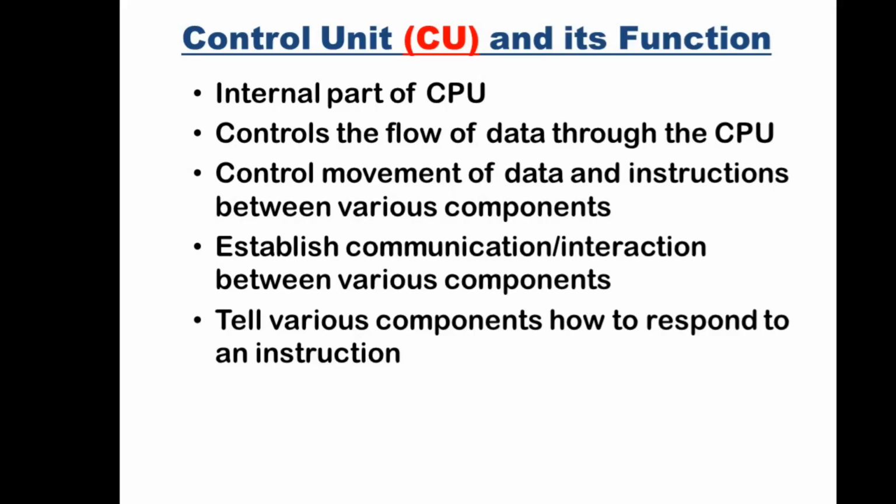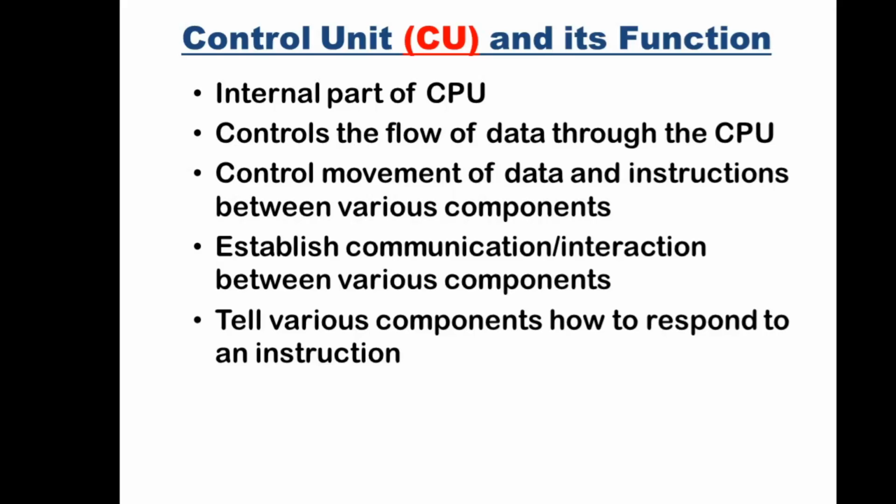All movements of the data and instructions, the commands between various components of the computer system are being controlled by the control unit. Control unit is also responsible to establish the communication between the different components to send and receive the data and instructions.